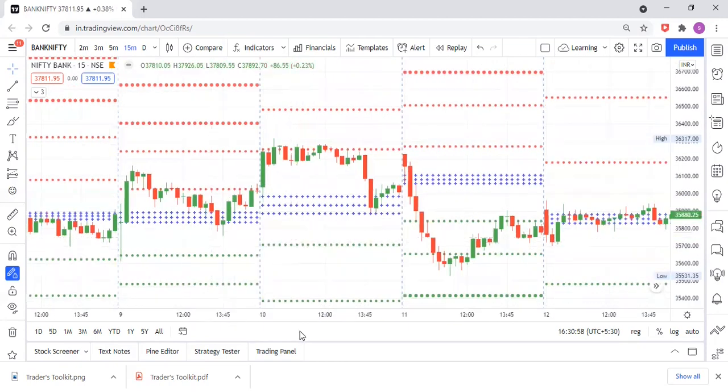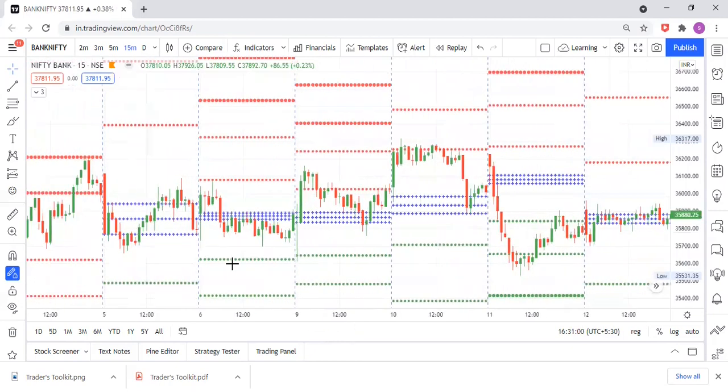Let's say, for example, you look at 3-4 CPRs together, and then you draw a conclusion that, hey, I'm seeing a narrow CPR, I'm seeing a wide CPR, again I'm seeing a narrow CPR, but the market is still range bound. That essentially indicates that you can expect a trending day anytime soon. So that is exactly what it indicates.